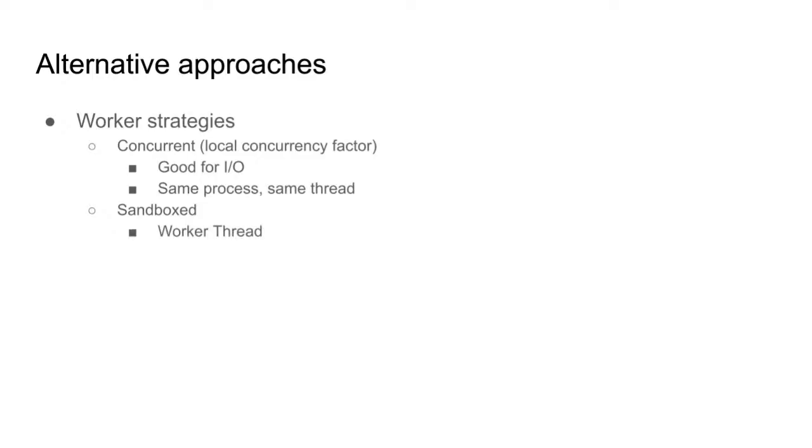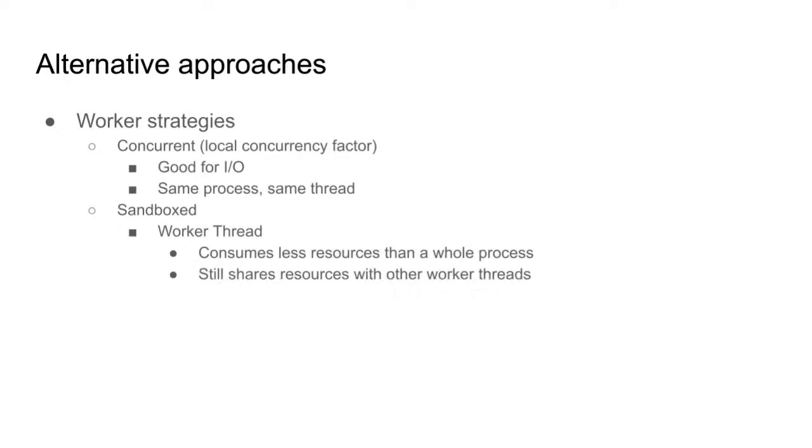Those can be sandboxed worker threads, which will consume fewer resources than the whole process, of course. Shares resources, such as the I/O threads. Then you can think that if you're doing some work that is I/O intensive, you probably are going to have some bottleneck. So that's up to fine tuning.